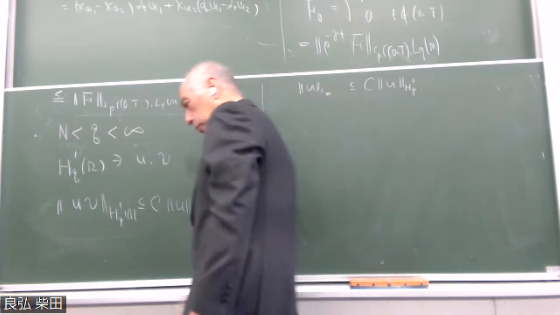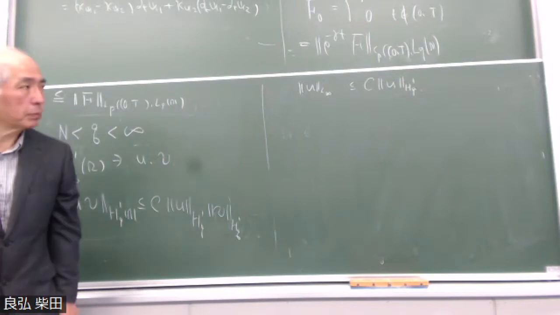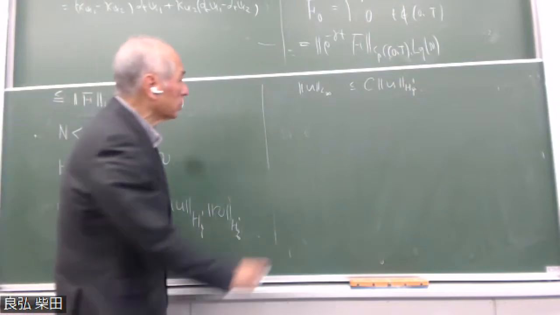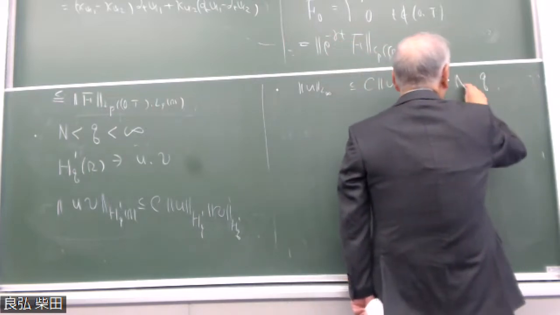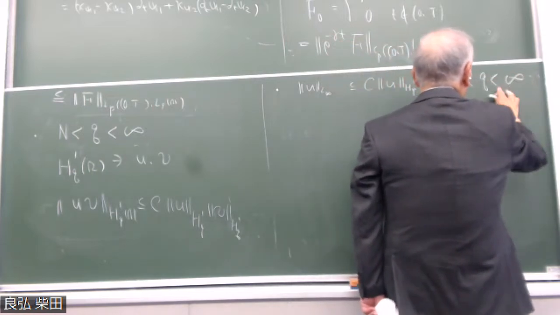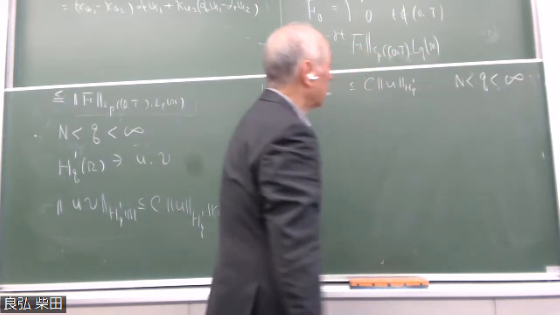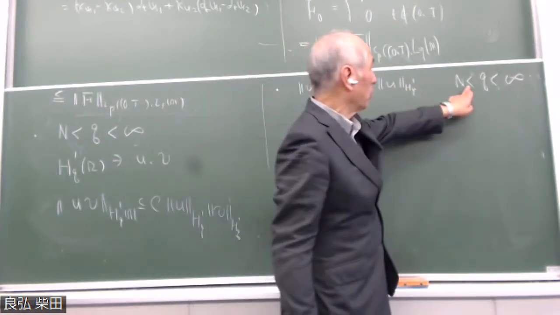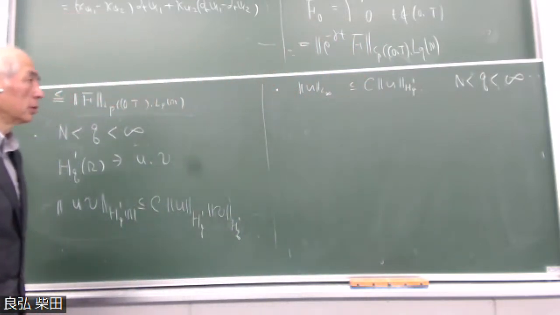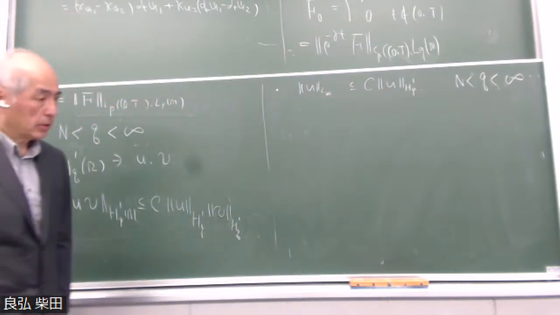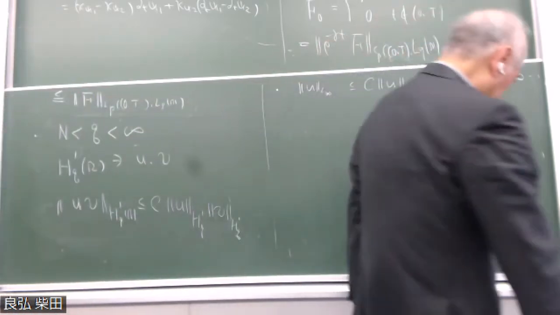This is the so-called Sobolev embedding theorem. This is the essential point of our argument. So whenever q is greater than the dimension, you have this.